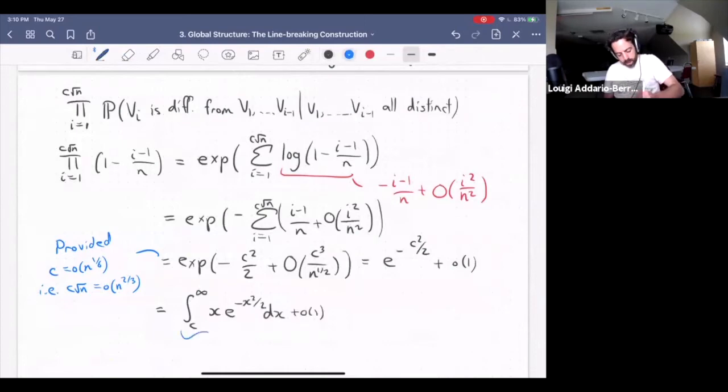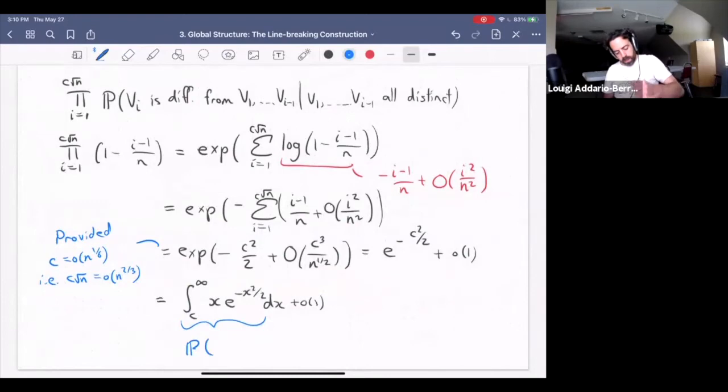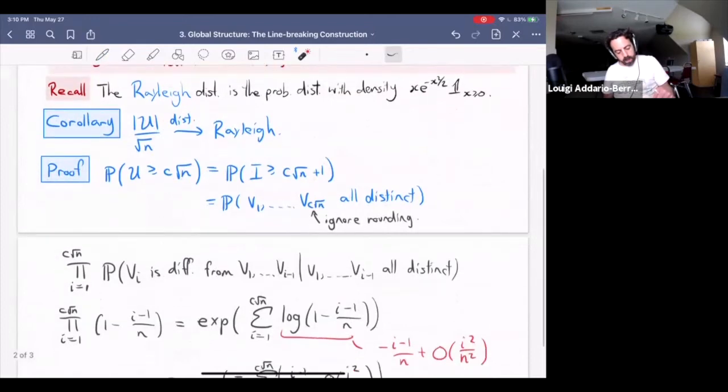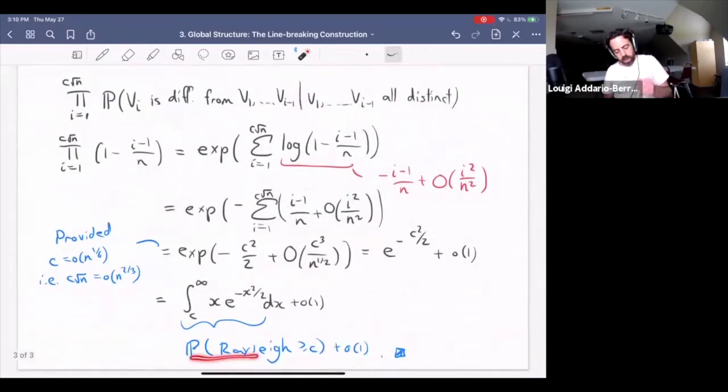And that's just the Rayleigh density sitting inside that integral. So this is the probability that a Rayleigh random variable is at least c, plus little o of 1. Okay, so that proves that the cumulative distribution function of U on root n converges to that of a Rayleigh. Okay.